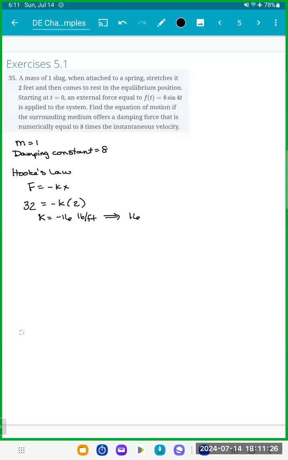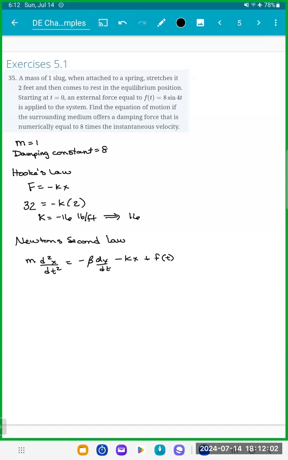Next, we'll want to use Newton's second law. Using Newton's second law, our m is going to be that mass attached, and our beta is going to be 8, that positive damping constant. So we have m d2x over dt squared equals negative beta dx dt minus kx plus our function.